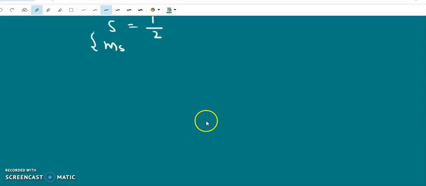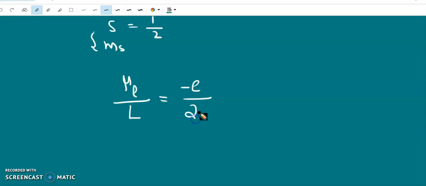An electron is a charged particle which is executing a circular motion, so it has got an angular momentum. So this acts as a magnetic dipole, and it has got a magnetic dipole moment also. We have studied its expression in the bridge course. So mu L divided by L, the ratio of the magnetic moment due to orbital motion divided by the orbital angular momentum, is called the gyromagnetic ratio.